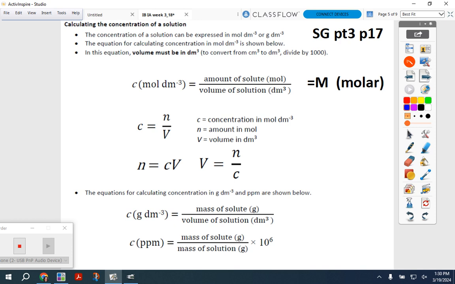If you've heard parts per million or ppm, a lot of times in environmental systems, they'll talk about parts per million of a pollutant in your water system. When they talked about the lead pipes in Flint, Michigan, there was talk about how much lead is in the water. Well, this many parts per million, and that's kind of what they would use that for. But again, 99% of the time in chemistry, you're going to be talking about molarity in terms of moles per liter.